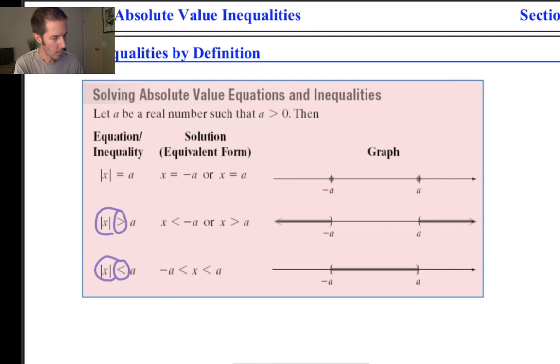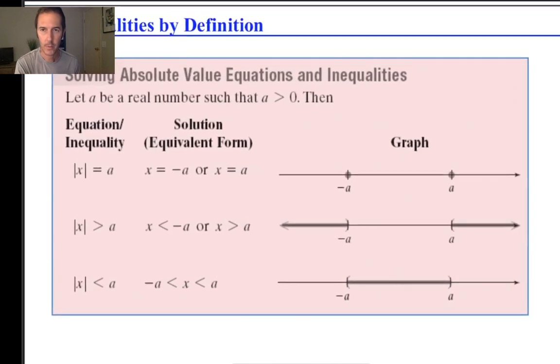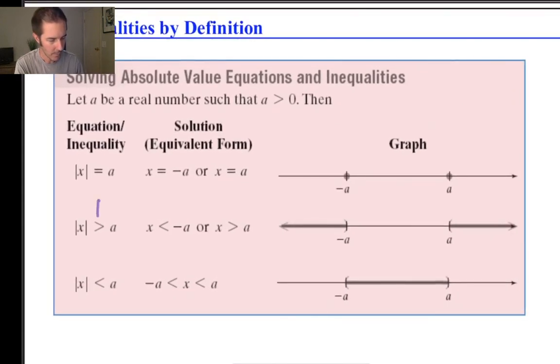And one of the ways that I remember personally what to do is, if the absolute value is on the, what's that symbol called? Here the absolute value is on the greater than side of, in this case, the number a.